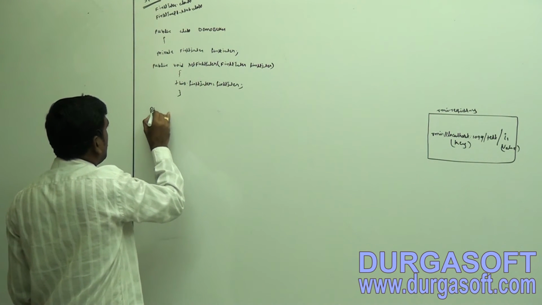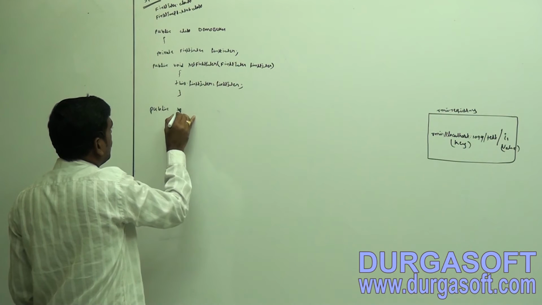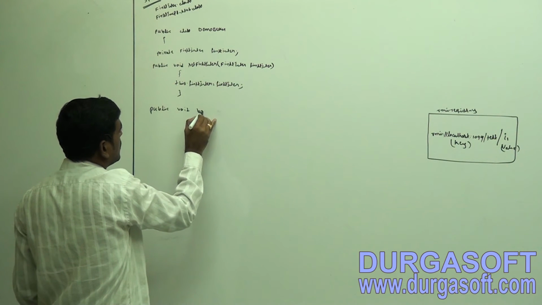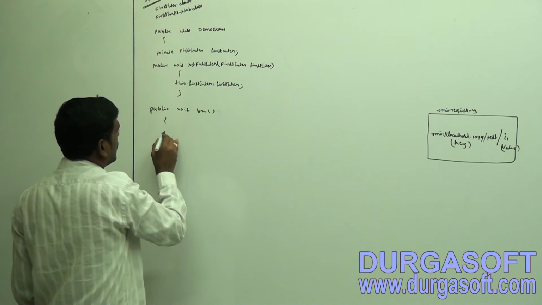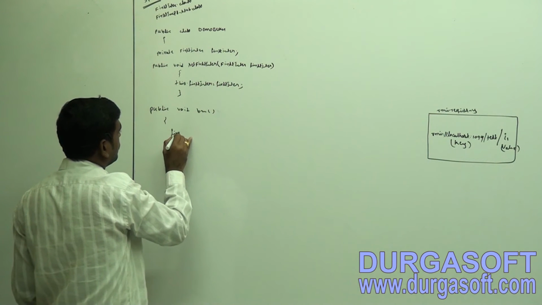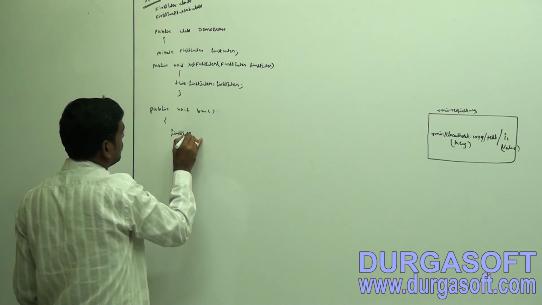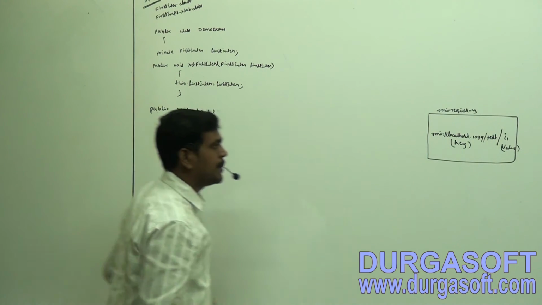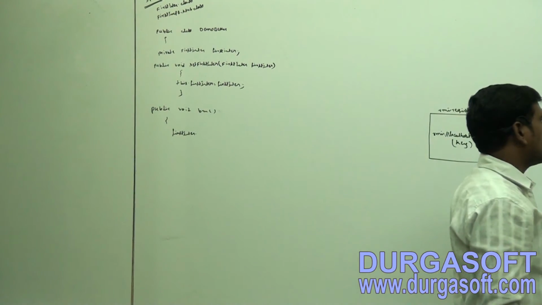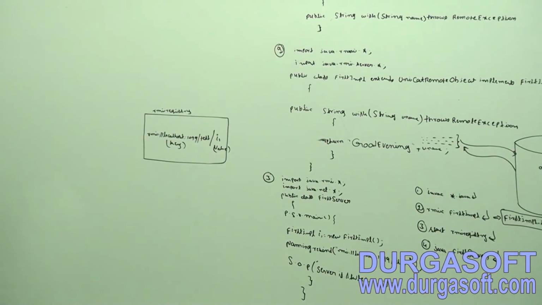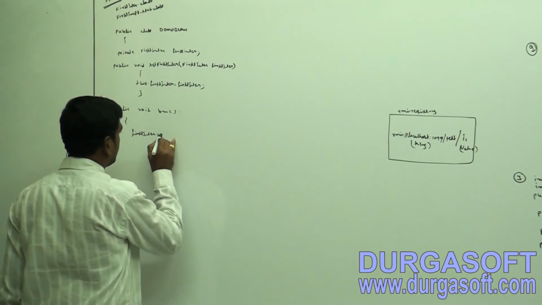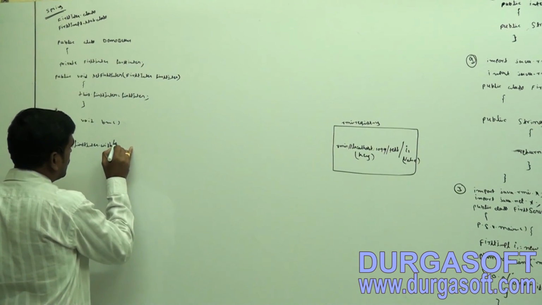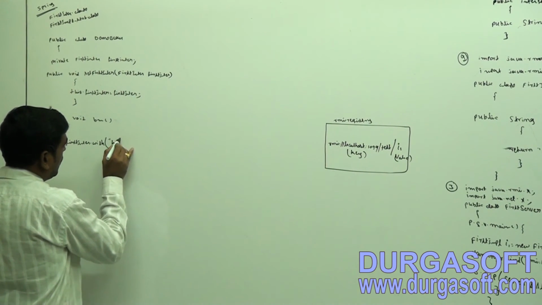The next, public void businessMethod. Now here firstInter.wish method. What is that method? The wish method I am going to call by passing some value. So now here, welcome to DURGASOFT.